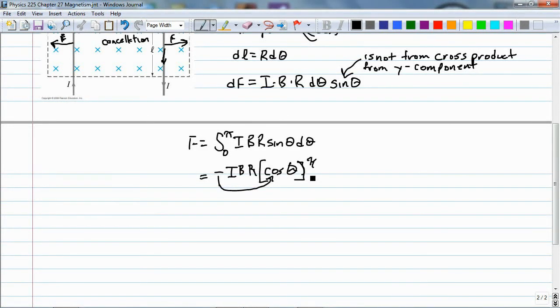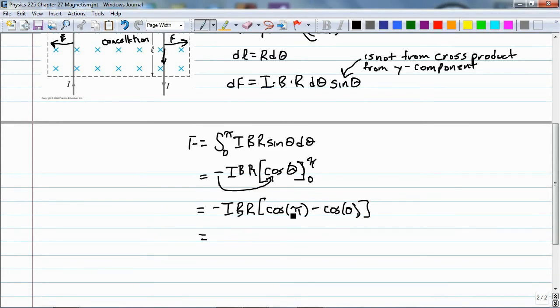Pi to 0, and that equals negative I, B, R, cosine pi minus cosine 0.